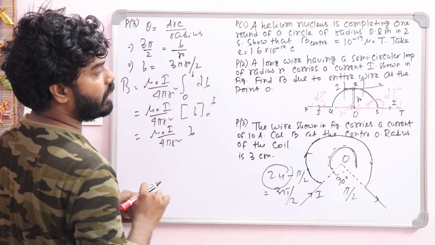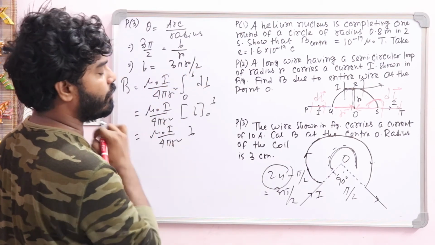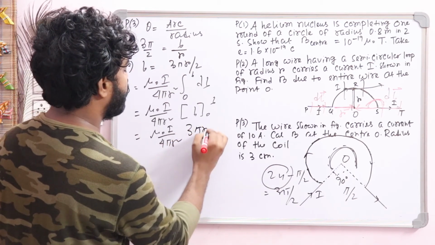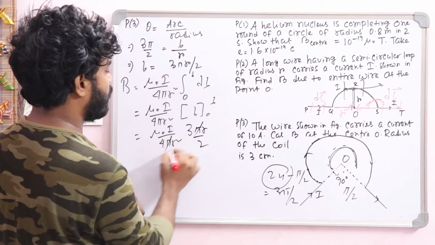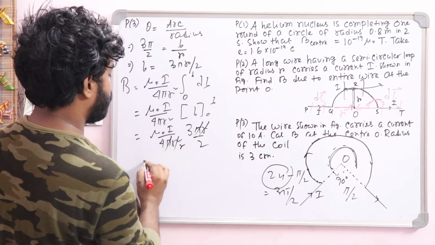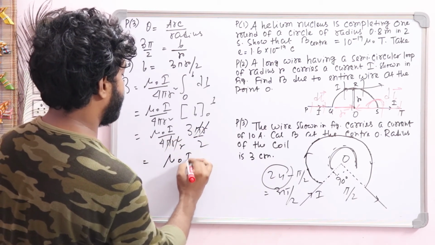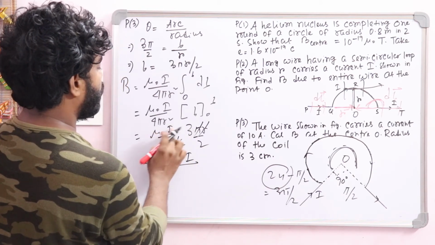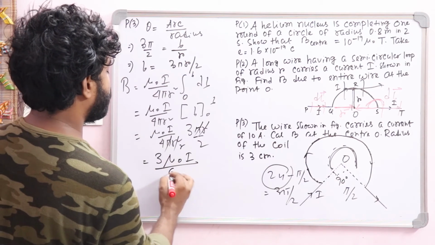This is the important part. Here you have to find out the value of L. So in the place of L you use 3 pi R by 2. Now pi cancels out, one R cancels out. So this one is 3 mu naught I divided by 8 R.